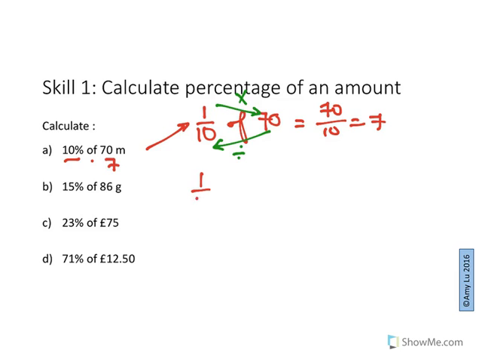You can also do it the other way, where you go 70 divided by 10, and then times that answer by your numerator. In that case, 70 divided by 10 makes 7. 7 times 1 makes 7. So there are a lot of different ways you can do this.